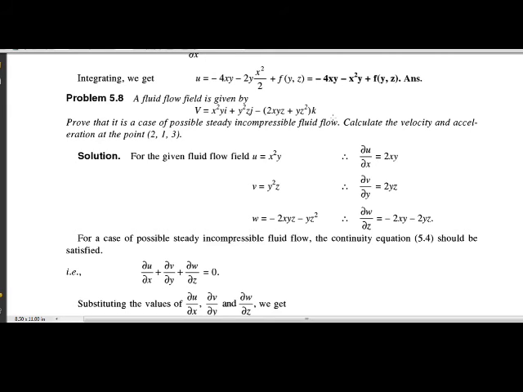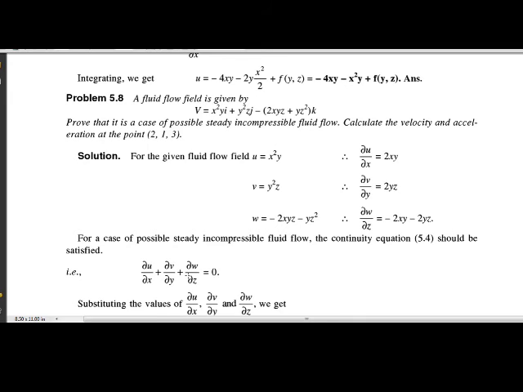Okay, so the velocity vector is given. From that we know the standard velocity vector is V = u i + v j + w k. By comparing these two, we get u as x²y, v as y²z, and w as −2xyz − yz².